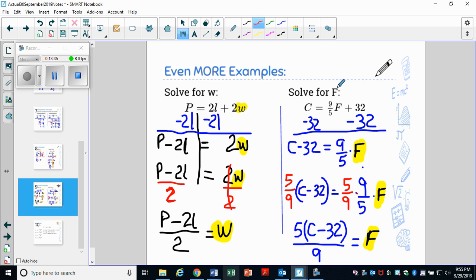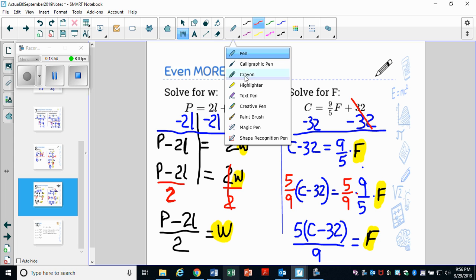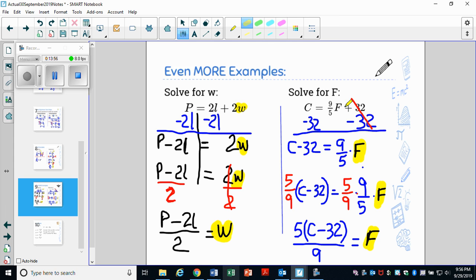Now, regarding the solve for F, C equals 9/5 F plus 32. So first step, subtract both sides by 32. So we have C minus 32 equals 9/5 times F. And then our next step is since we're multiplying F times 9/5, we need to divide both sides by 5/9.